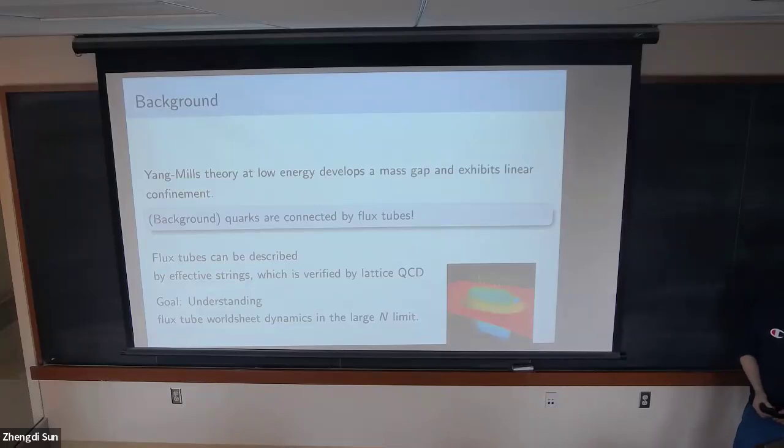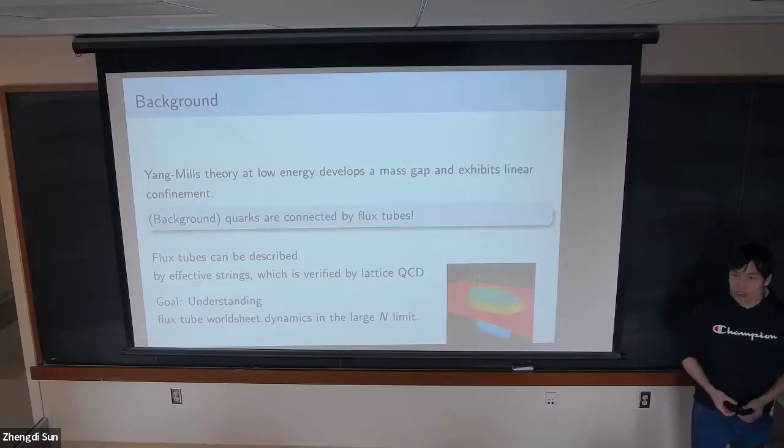In this work and this whole series of work, our goal is to try to understand confinement from a very special angle. That is, we try to understand the dynamics on the worldsheet in the large N limit. The reason we are interested in the large N limit is that as N goes to infinity, the string coupling goes to 0.